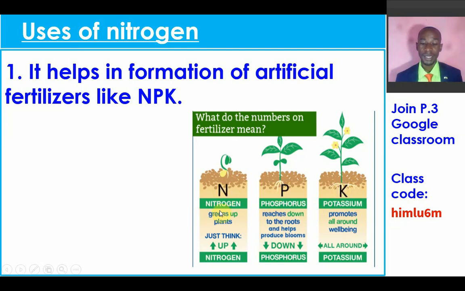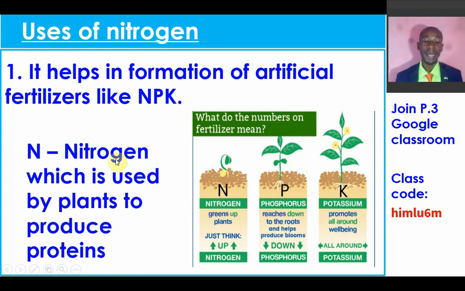What does N stand for? N stands for nitrogen, which is used by plants to produce proteins within the plant. So we have nitrogen as one of the ingredients. Then we have P standing for phosphorus and K standing for potassium.